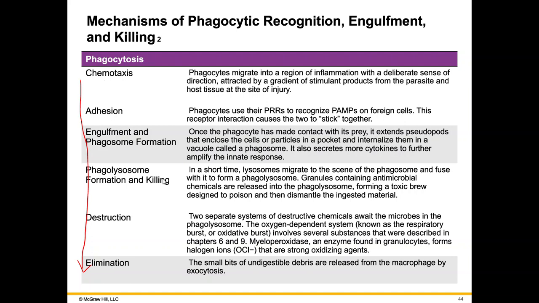That will form the phagosome. Then our lysosomes will fuse with the phagosome to form the phagolysosome, and that will result in destruction of the bacteria and then finally elimination of any debris. So that's the extent of what you should know for the exam. You don't need to know all of this verbatim.